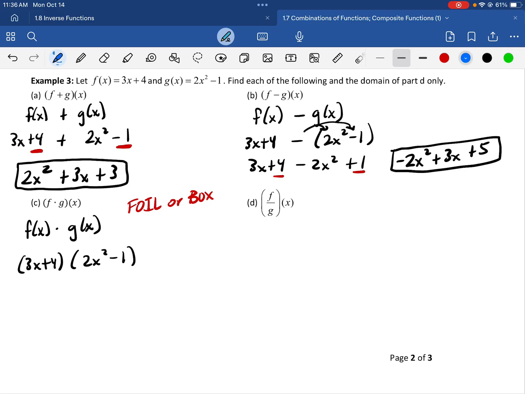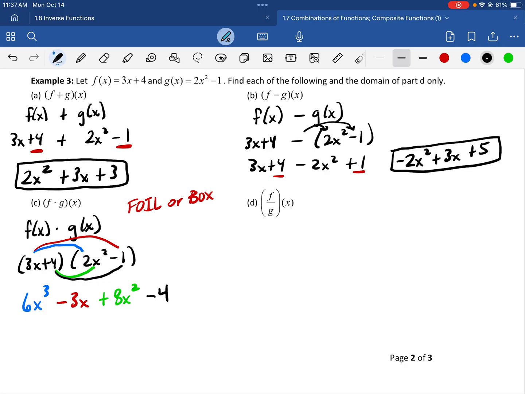So let's see, this is going to be 3x times 2x squared. It's going to be 6x cubed. 3x times negative 1 is going to be negative 3x. 4 times 2x squared is going to be 8x squared. And then lastly, 4 times negative 1 is going to be negative 4.